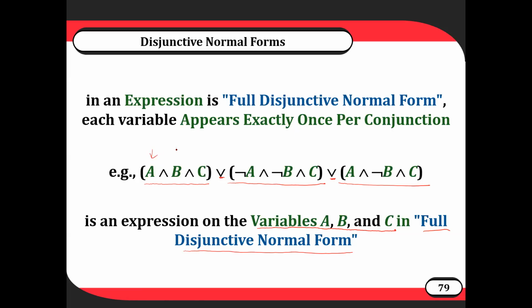Here we have A, B, and C. Here we have A, B, and C, but with negation in front of A and B. And here we have A, B, and C, but the negation is in front of B. This is full disjunctive normal form, the canonical way to express these expressions.